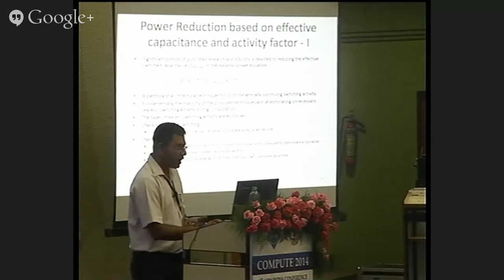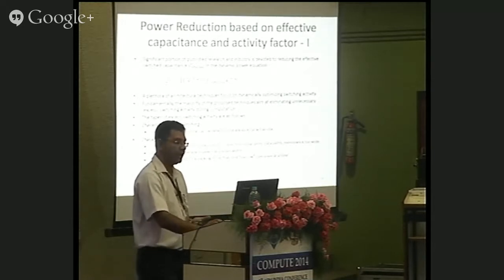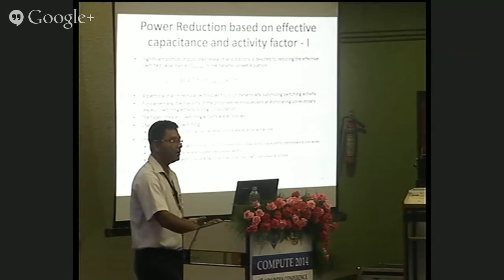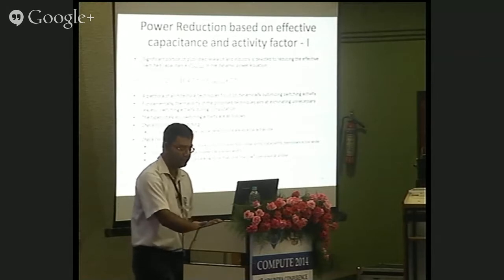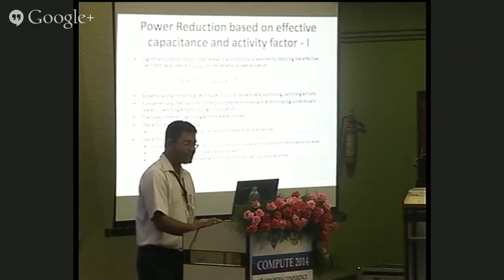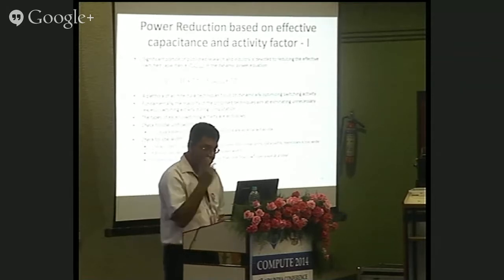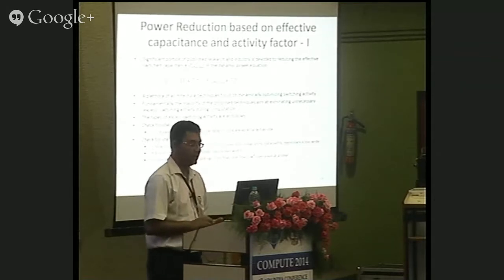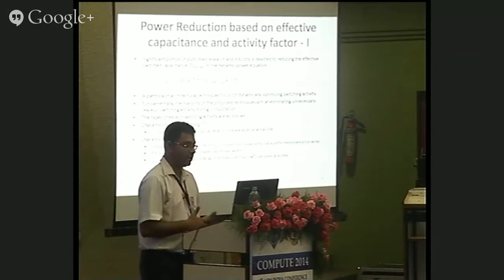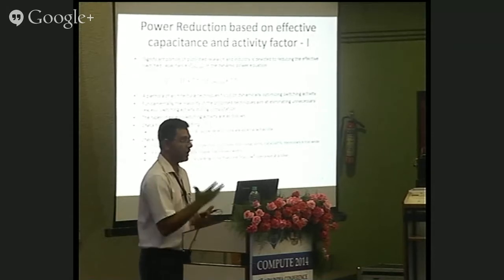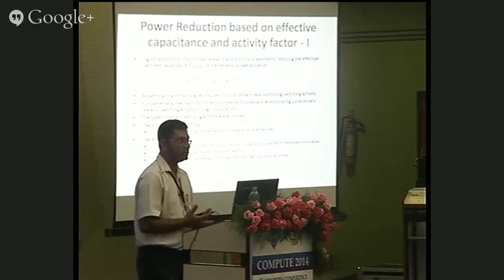There are architectural techniques that focus on dynamically optimizing the switching activity. These techniques are based on certain models, and a good amount of work is still going on in this field. But what is essentially required is that we reduce the excess amount of switching activity that happens within the circuits.